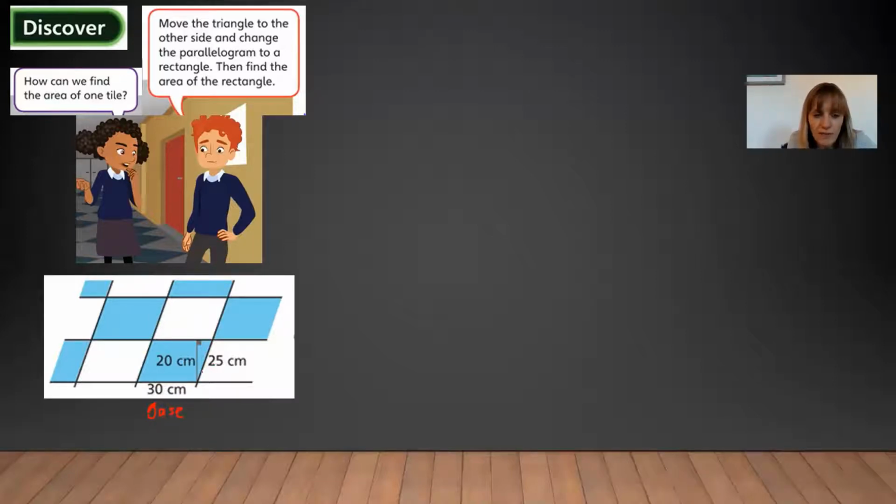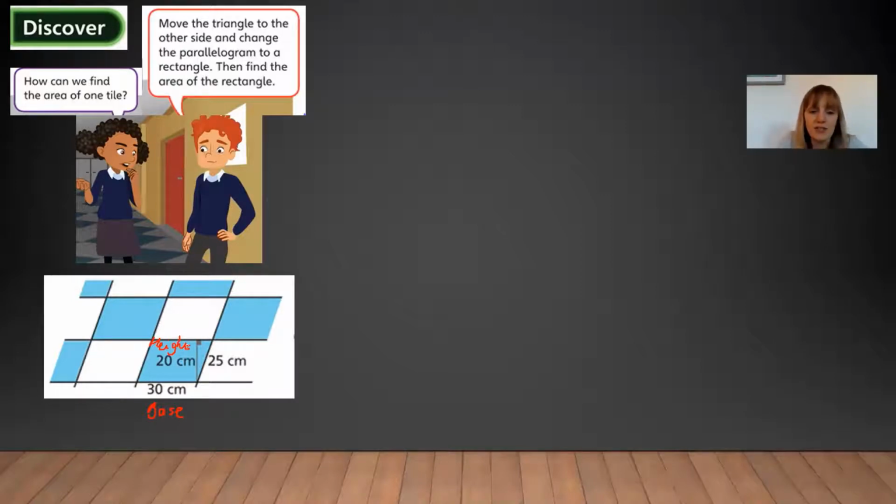We've got 25 centimetres going up here, which is the width. And then we've got our 20 centimetres, which is our height. You can see the little right angle symbol up here. Okay, so then 20 centimetres is the height. Now, there are 2 ways, like I said earlier, that we can calculate the area of a shape like this.